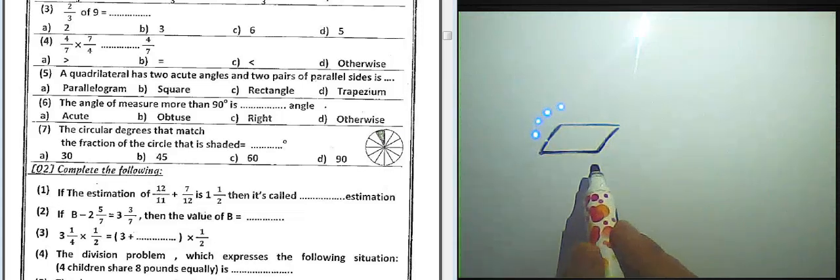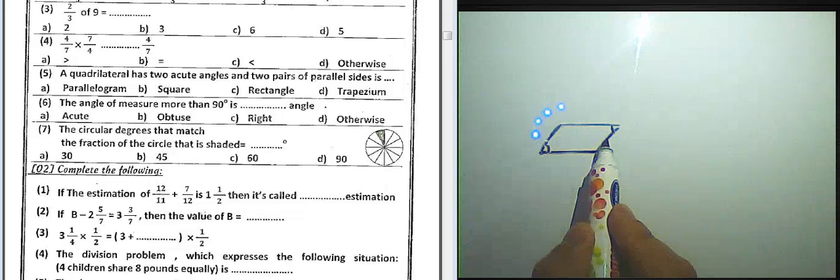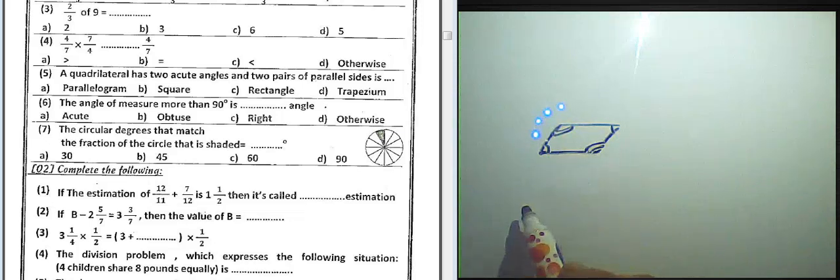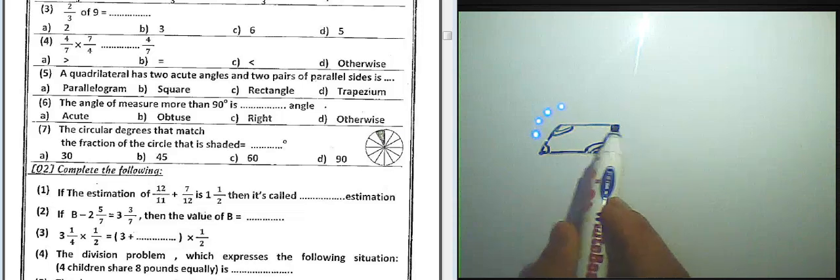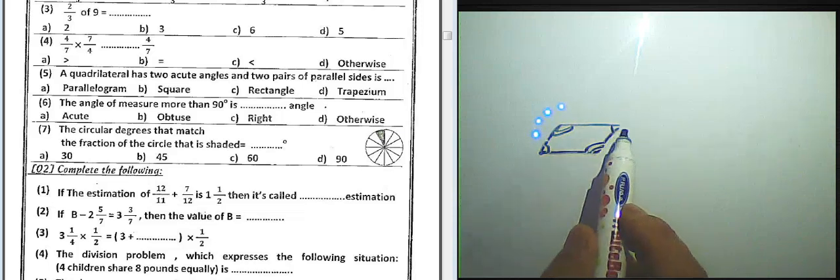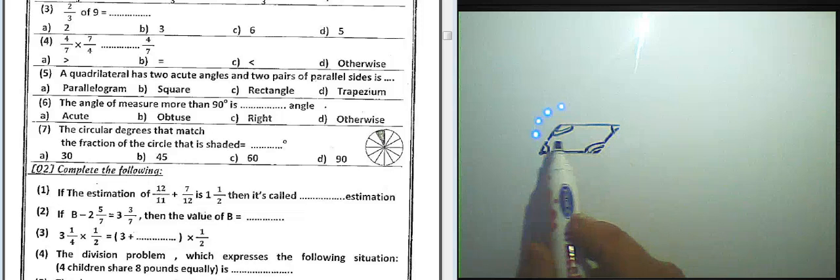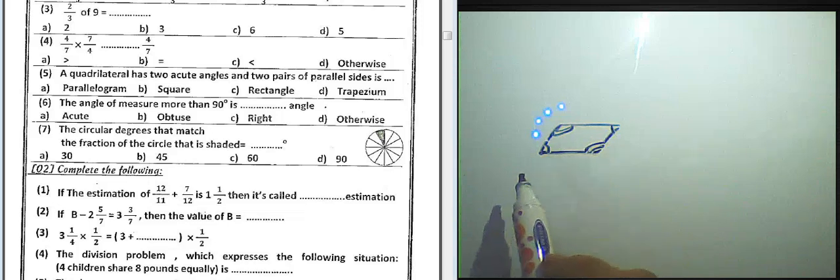A parallelogram has 2 acute angles and 2 obtuse angles, and each 2 opposite sides are parallel, so we have 2 pairs of parallel sides.